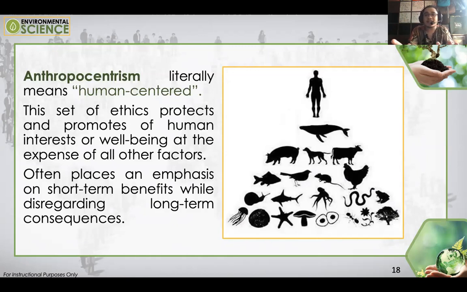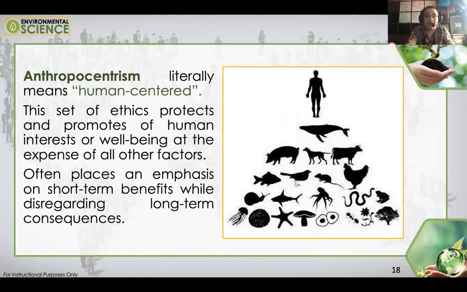But then again, when you say above all creatures, it doesn't necessarily mean it's negative. This set of ethics protects and promotes human interest or well-being at the expense of all other factors, and often places an emphasis on short-term benefits while disregarding long-term consequences.